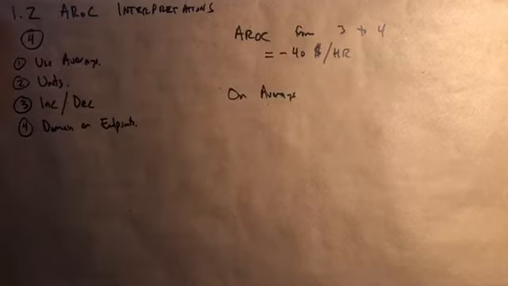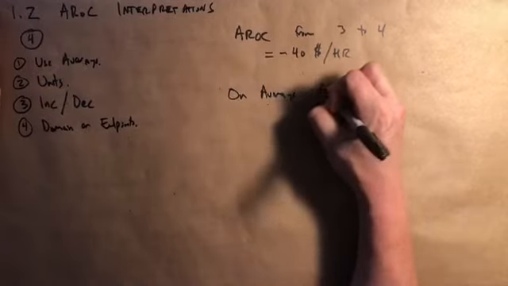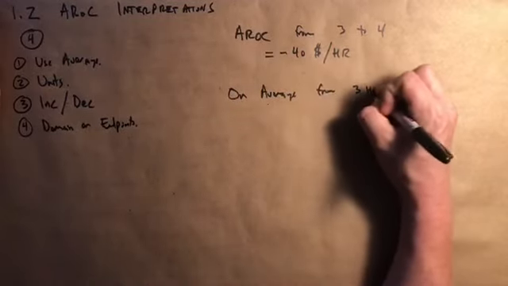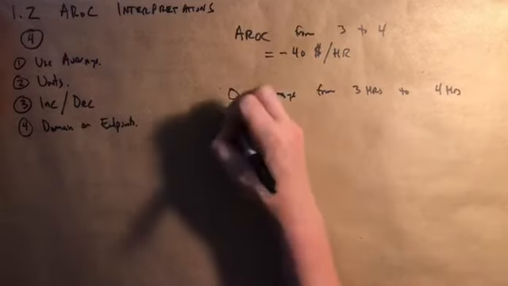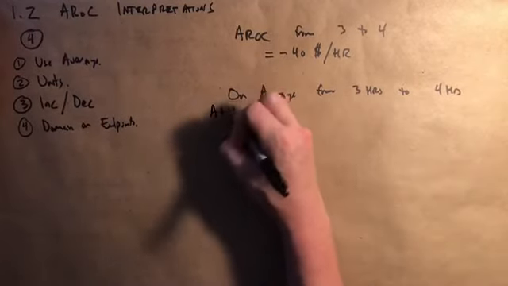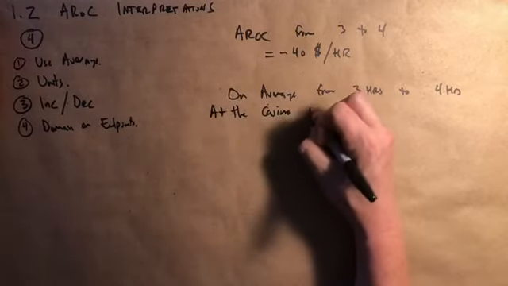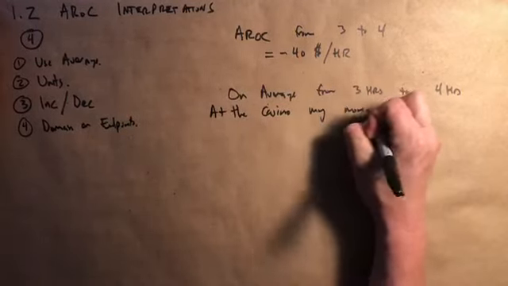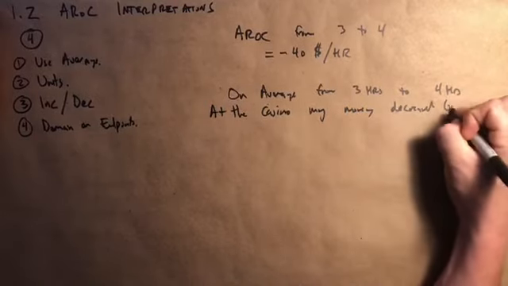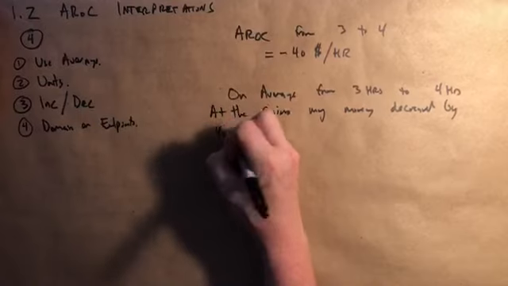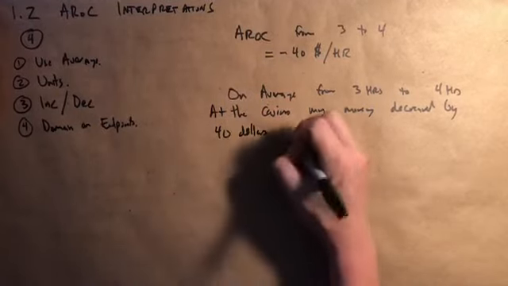So, on average here, what went down? From 3 hours to 4 hours at the casino, my money decreased by $40 each hour.